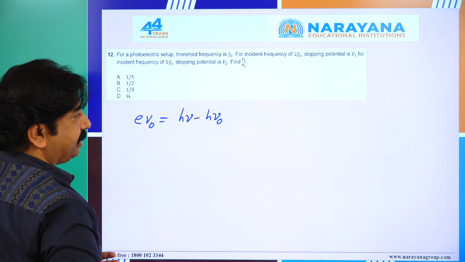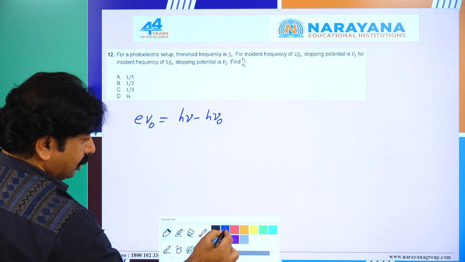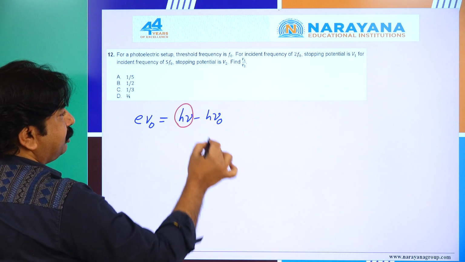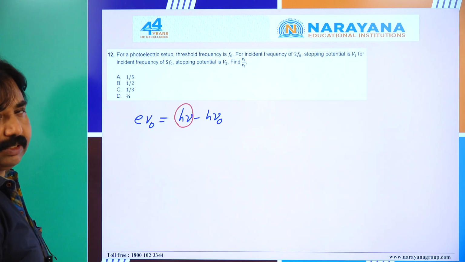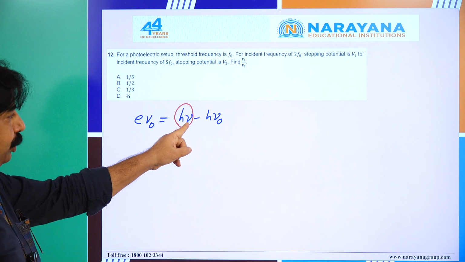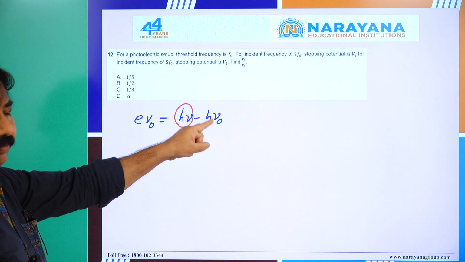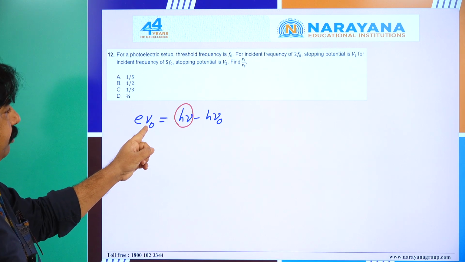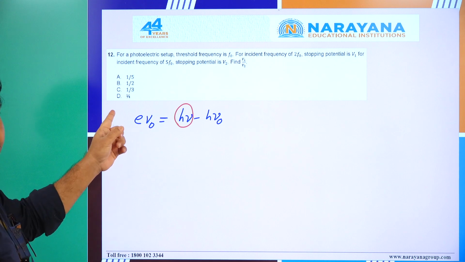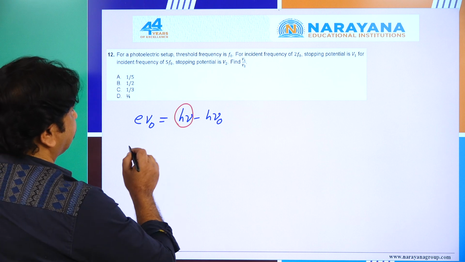Where h nu is the incident photon energy, nu is the frequency of that photon, h nu naught is the work function, V naught is the stopping potential, and e is the charge of the electron. We know. Now I am using those factors only.